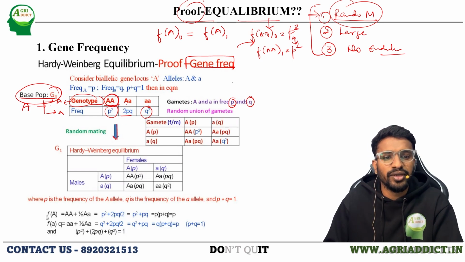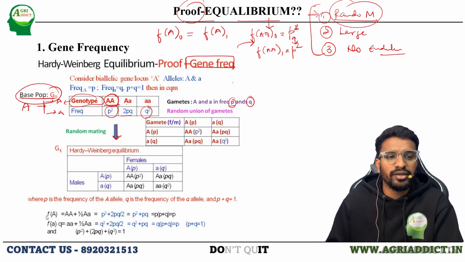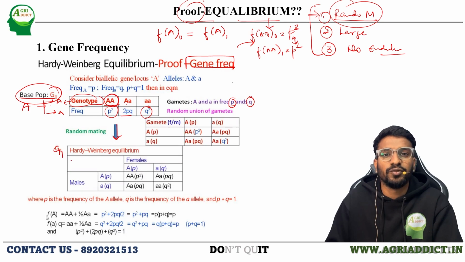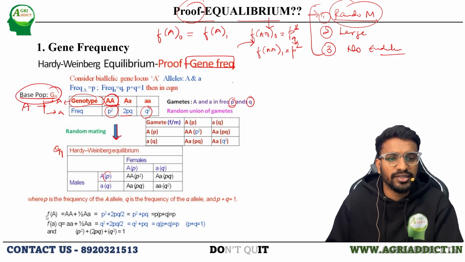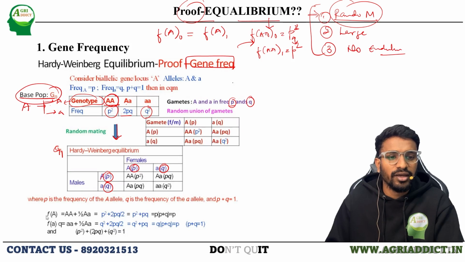Assume it is undergoing completely random mating, so randomly they are fusing with each other. Then in the next generation, G1, what type of genotypes are formed? That purely depends on the alleles. If I take p and q on both sides, since it is completely random and every gamete has an equal chance to survive, I can make a table where I draw males on one side and females on the other side.